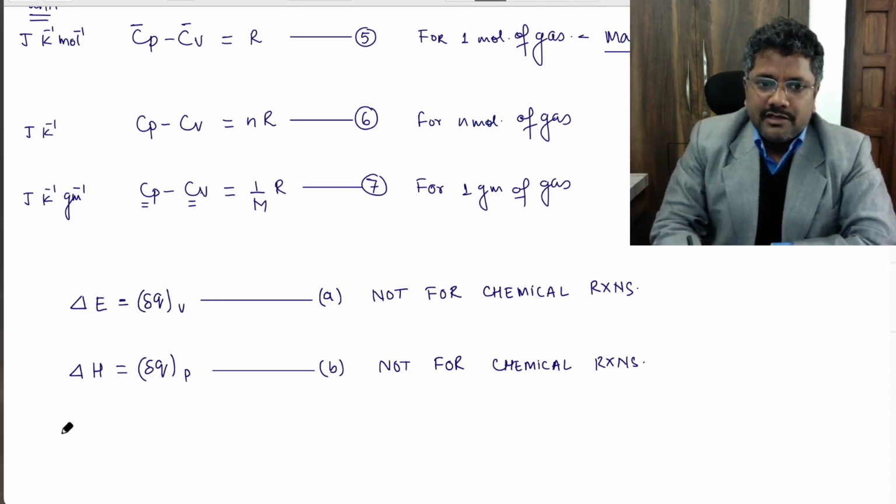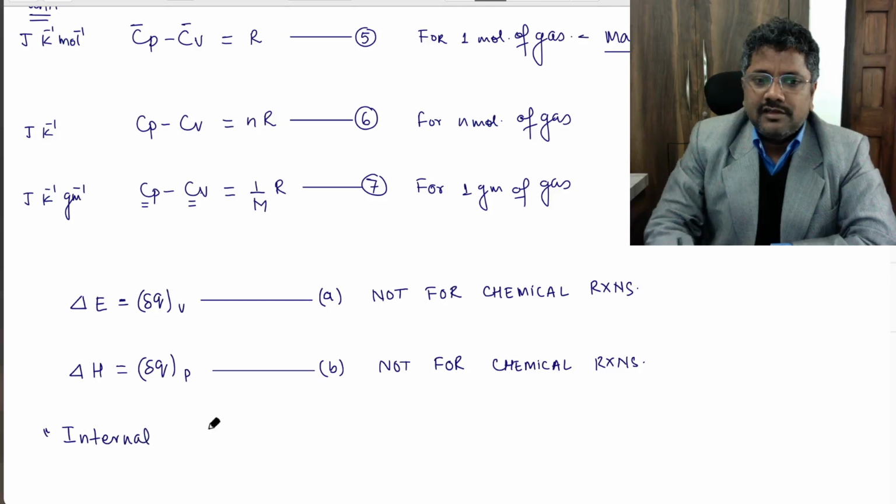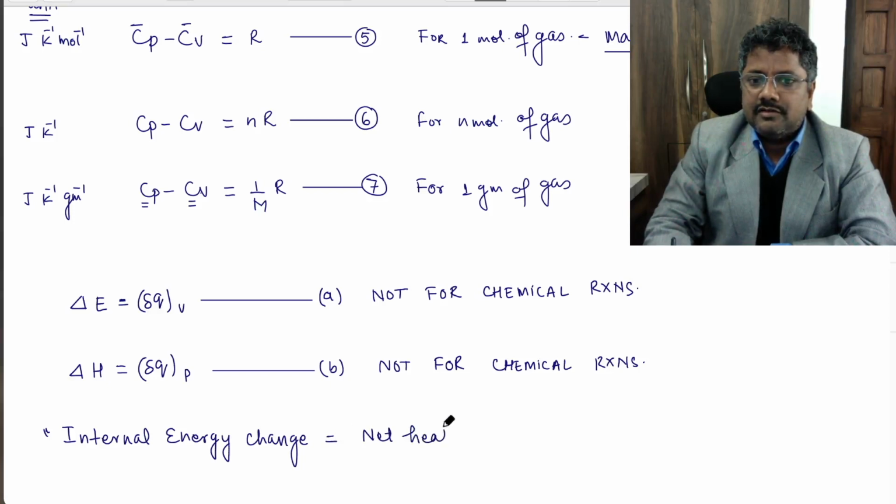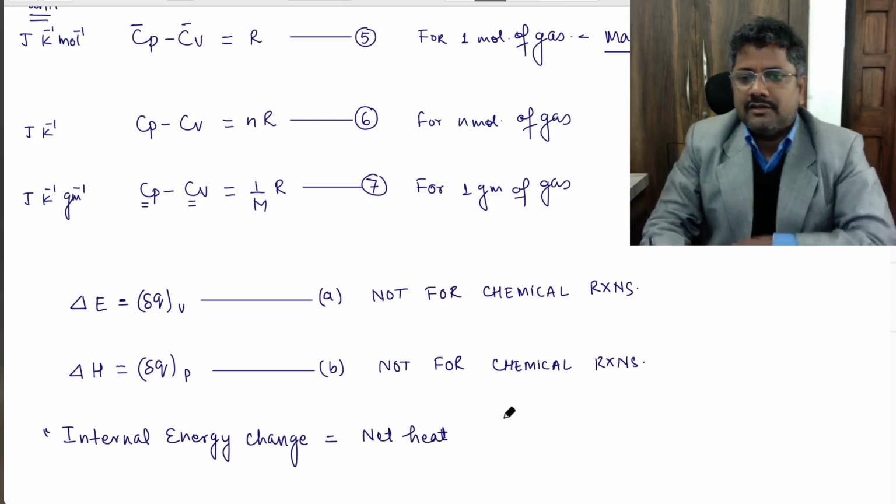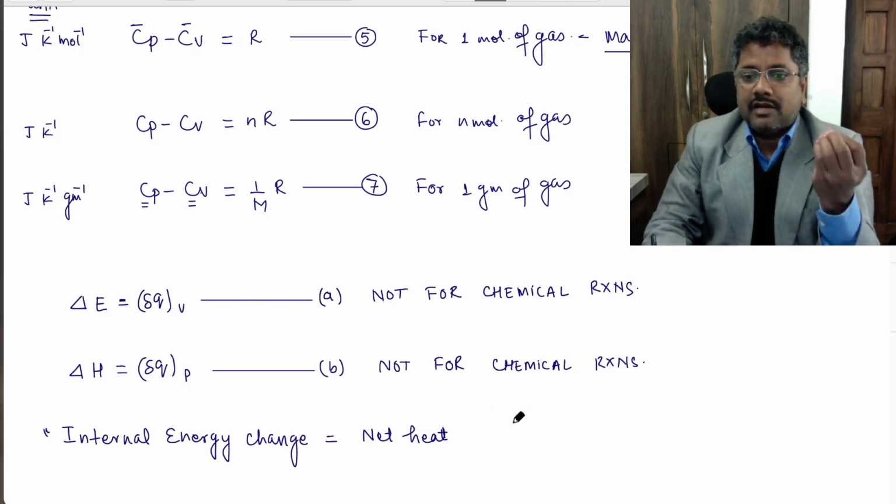So the internal energy change is equal to the net heat change at constant volume. See, these are the core concepts of thermodynamics.